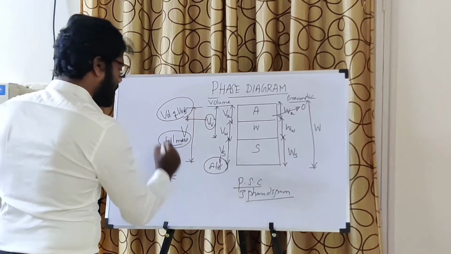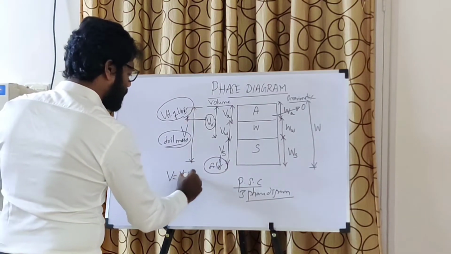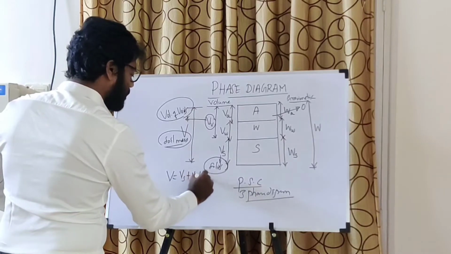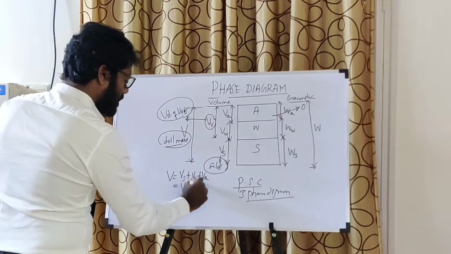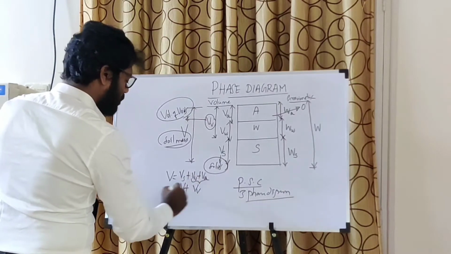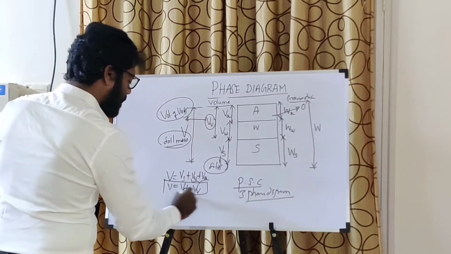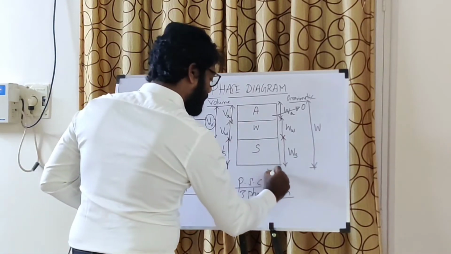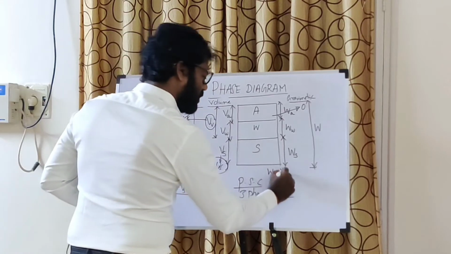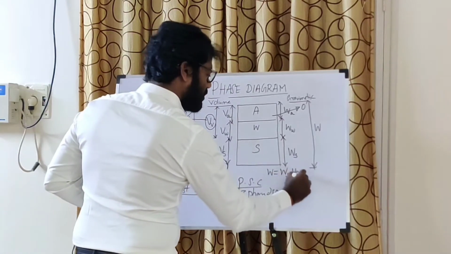So total volume is equal to volume of solids, volume of water, volume of air. In other words, volume of solids, and these two combined are called volume of voids. So this is our total volume of soil mass in a partially saturated case. Similarly, total weight is equal to weight of solids plus weight of water.